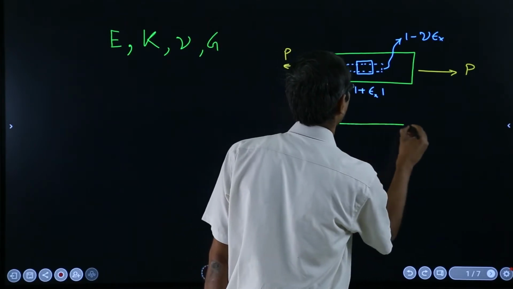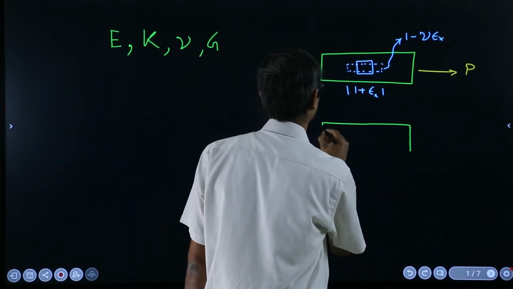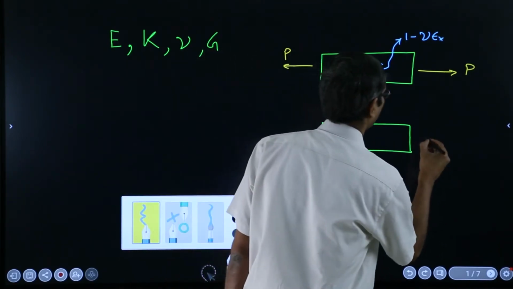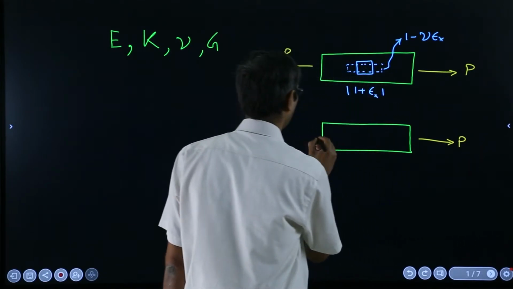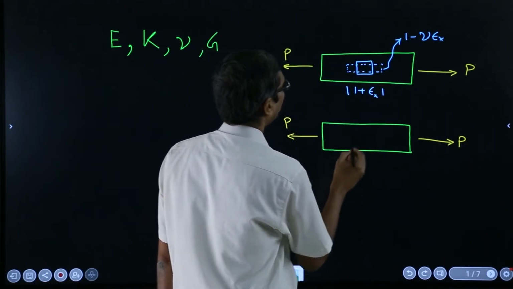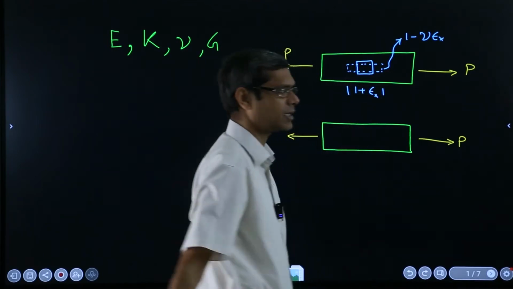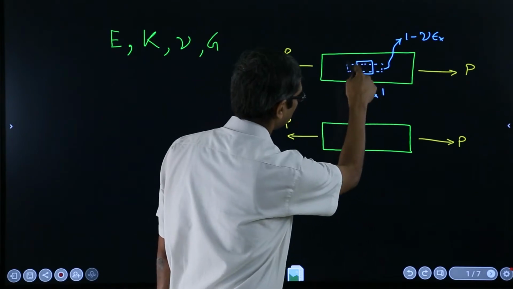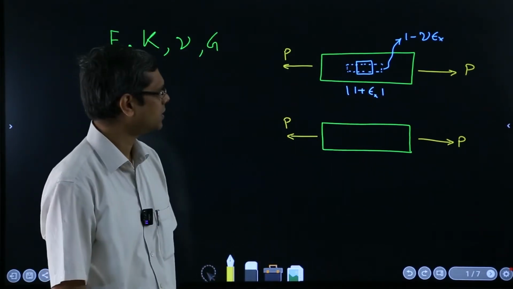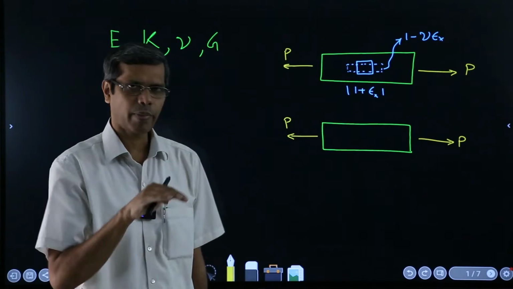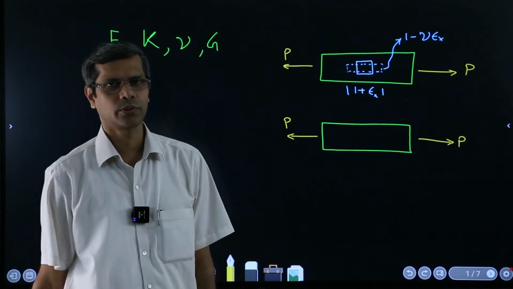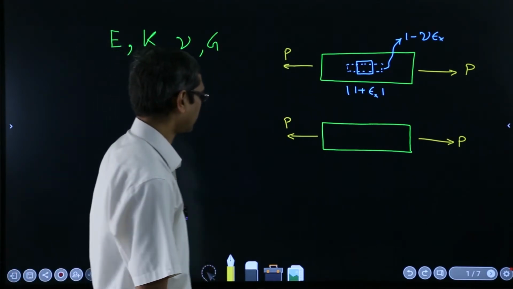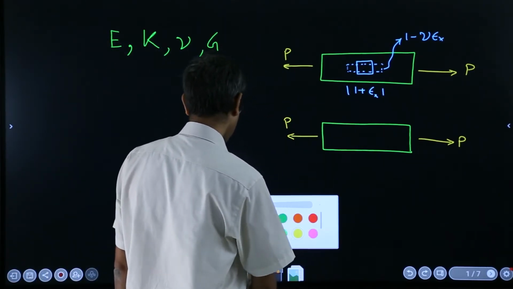I will try to make it as similar to the above as possible, and there you have P and P, and we are trying to look at the state of stress at the same point, but now instead of drawing this elemental square with sides parallel or perpendicular to the axis of the rod, we will just rotate this by 45 degree. Okay. So, let me do that.